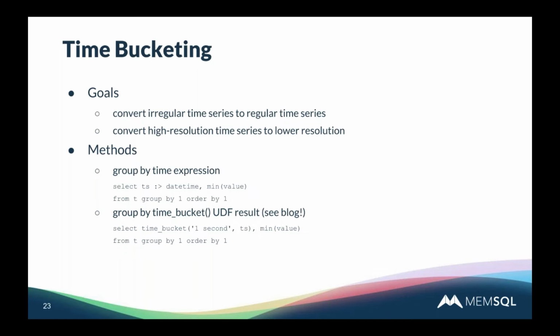They may arrive at random intervals, so you might not have, say, one entry every second. You might have, on average, one entry every half a second, but it may be like a statistical process, like a Poisson process of arrival times. So you might have several seconds between arrivals of ticks, and you might want to convert that so you've got one entry every second. That's something you can do with time bucketing.